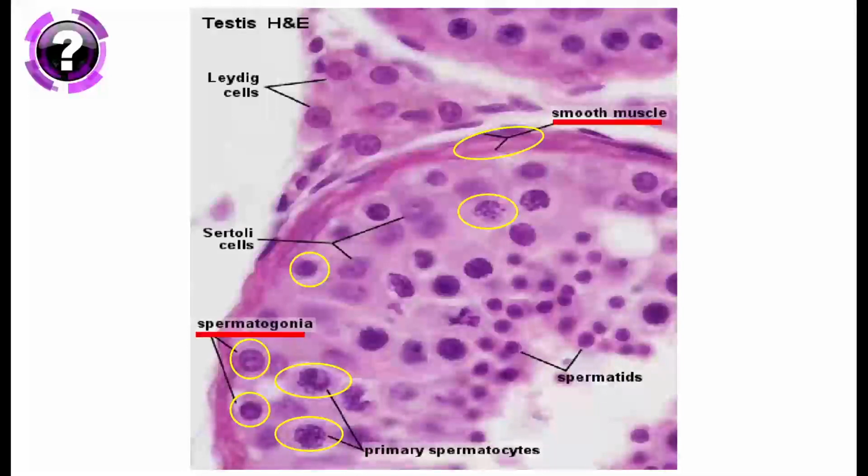These primary spermatocytes will develop into secondary spermatocytes, and these secondary spermatocytes are 1N cells. They contain half of the number of chromosomes, and they are difficult to see because they divide very quickly.